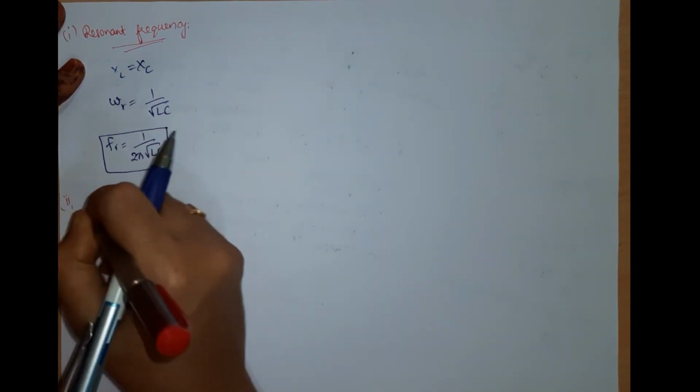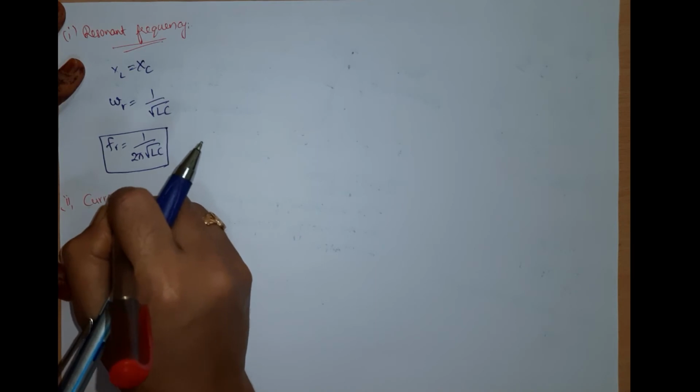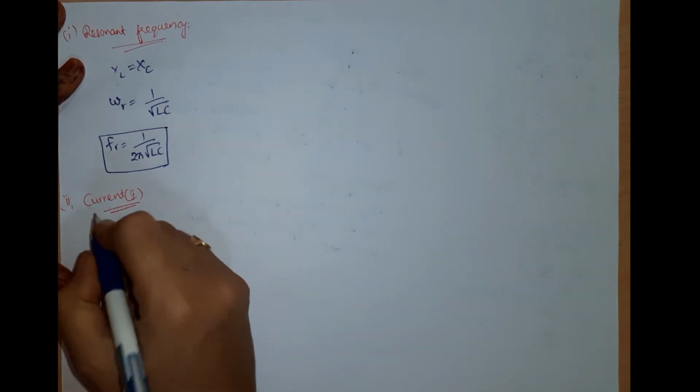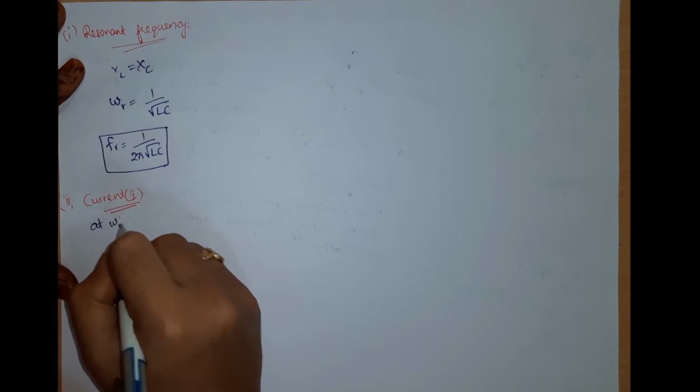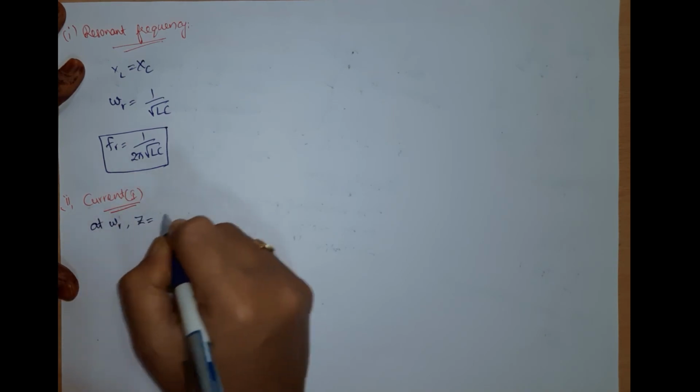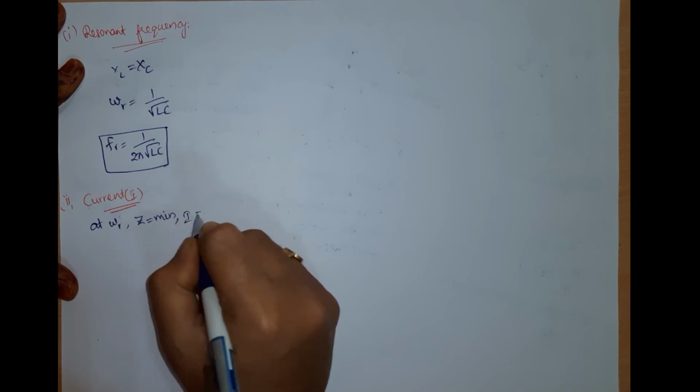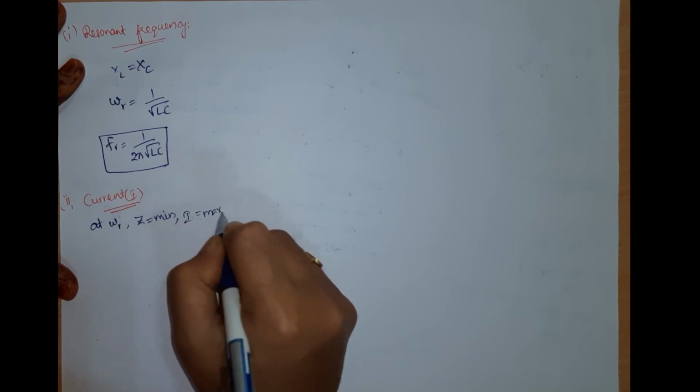Also, the next one is current I. So at omega R, we know that the impedance Z total is minimum, so the current is maximum, right?